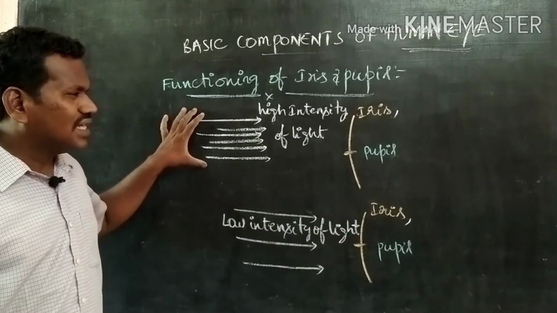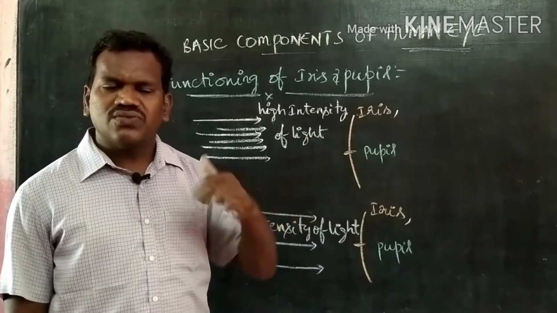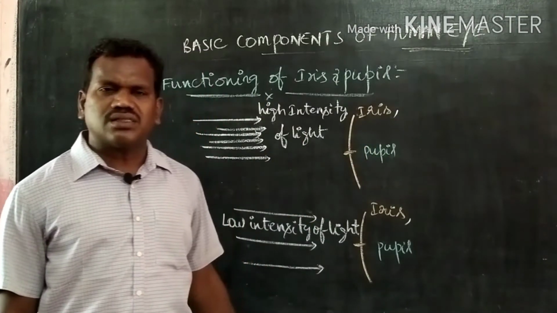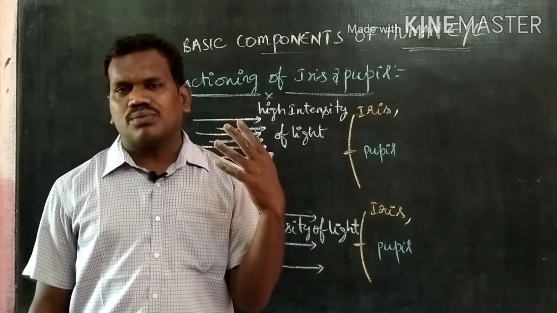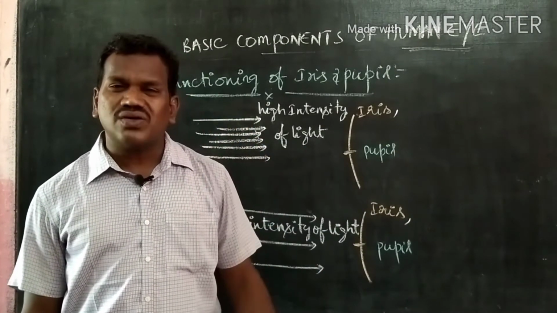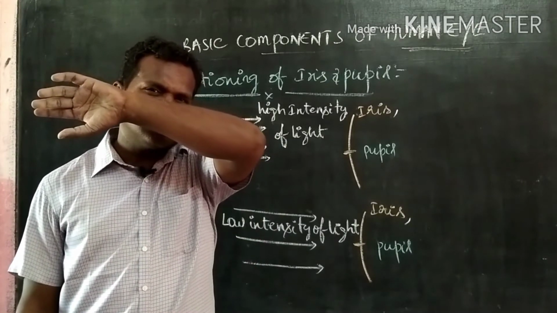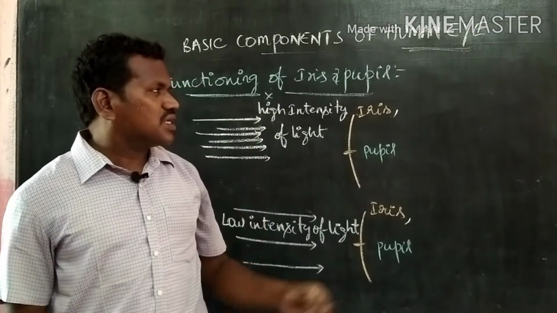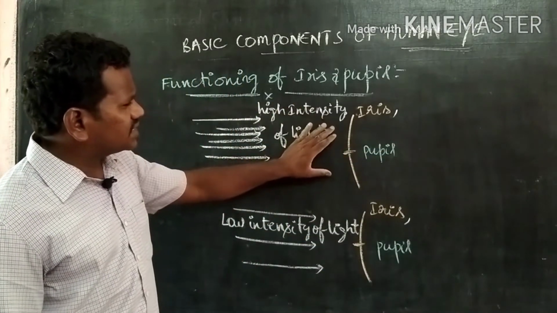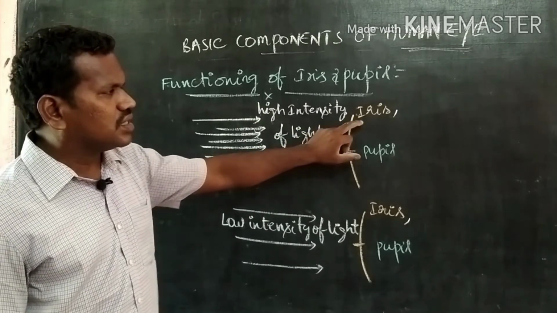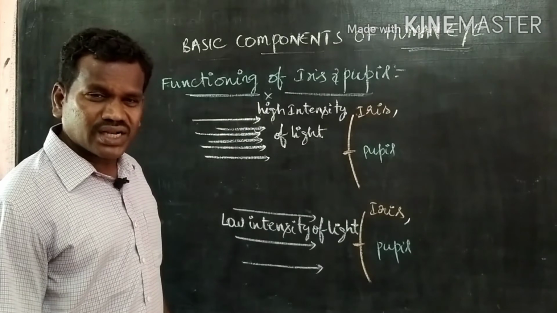Sometimes high intensity light may fall on the eye. For example, at night time you are riding a bike and a large amount of light falls upon our eye. Then what do we do? We close our eyes like this. But that protective action is done by the iris. If high intensity light falls on the iris, what happens?